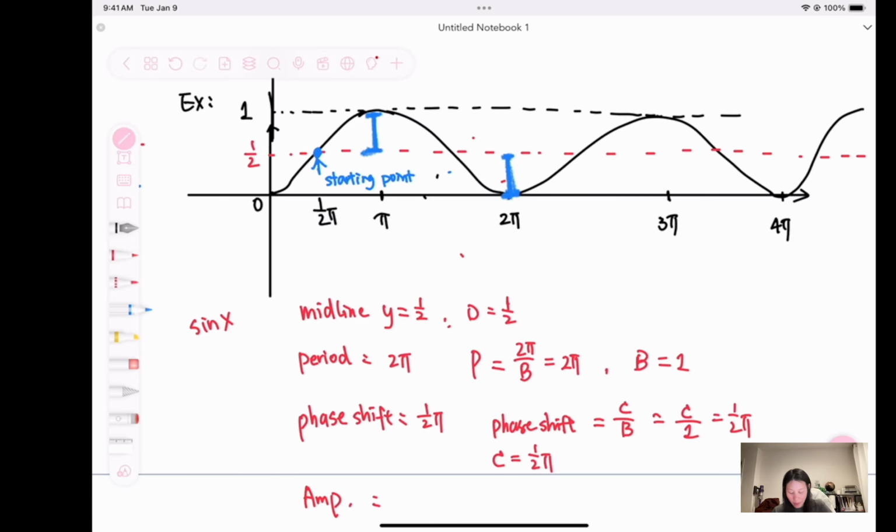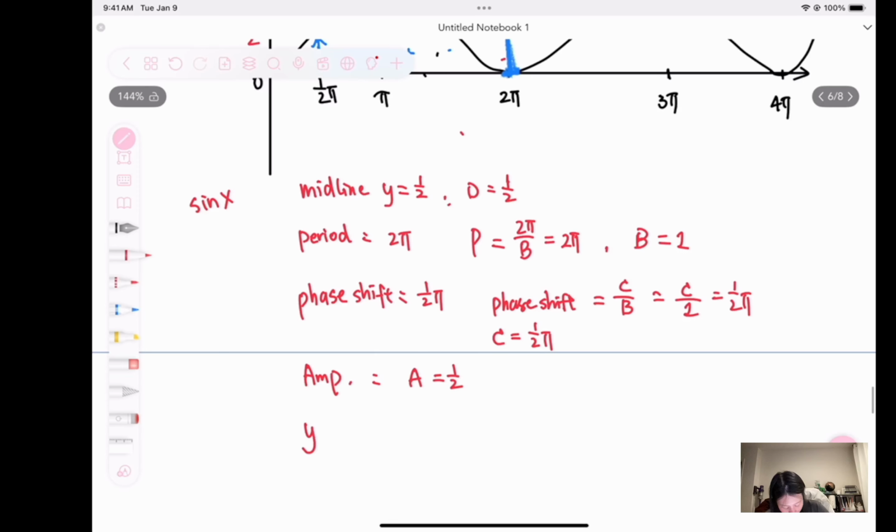So our A is equal to 1/2. Now we have all the letters that we need, and we can write down the sine function. Y equals A, which is 1/2, times sine x. B is equal to 1, so we don't need to do anything about that. Then the phase shift is equal to 1/2 pi, and D is a positive 1/2.